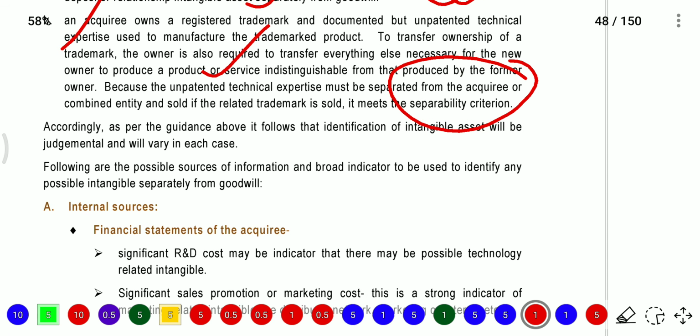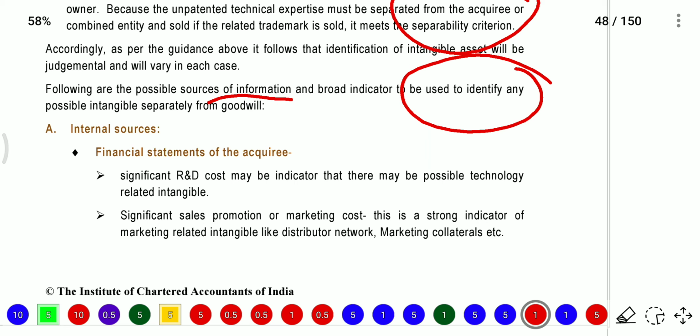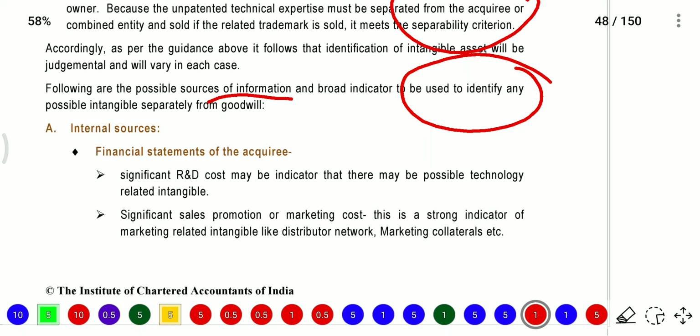Now accordingly, we will see what possible sources of information and indicators are used to identify any possible intangible assets separately from goodwill. For that, first the internal sources of information: we will see the financial statements.